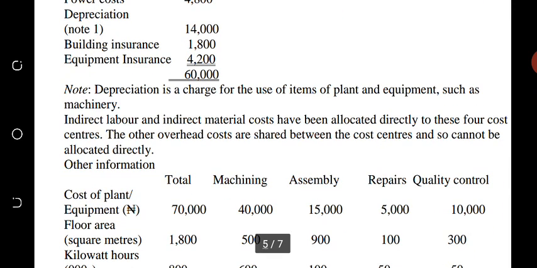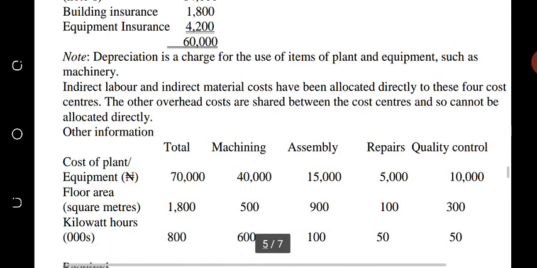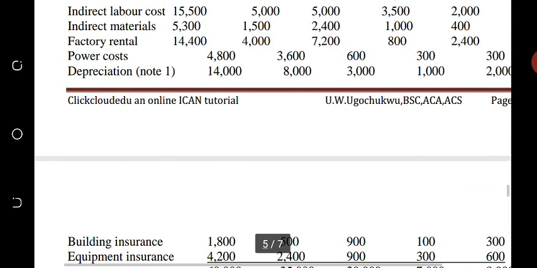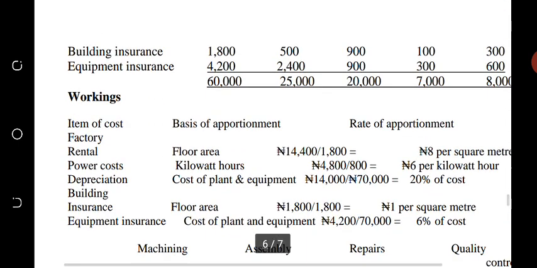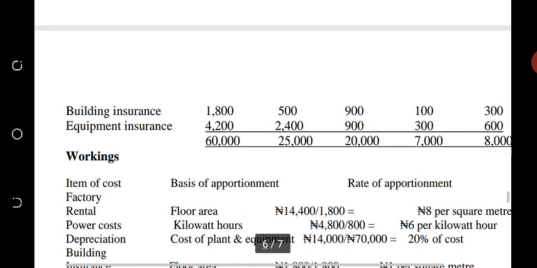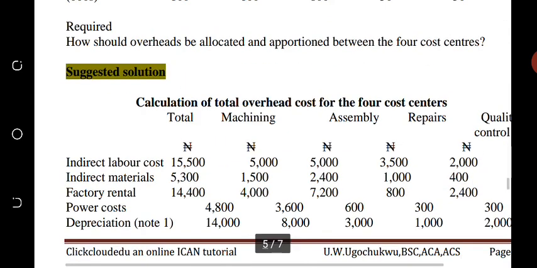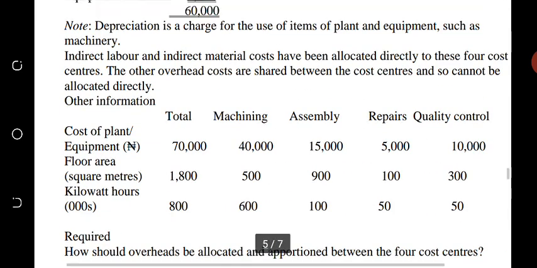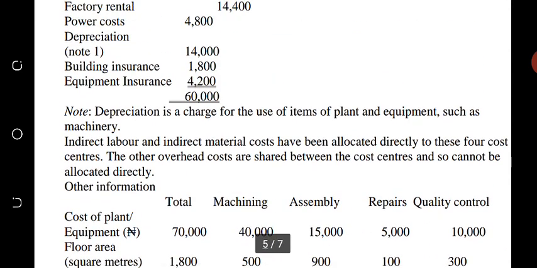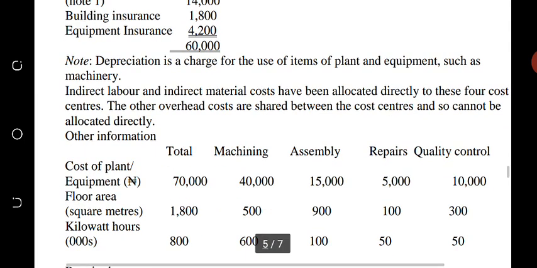which is 70,000 naira. So you are going to divide 14,000 by 70,000, which is the total cost of equipment in each cost center.